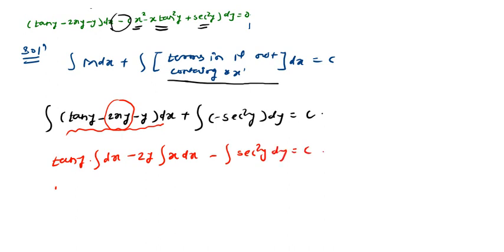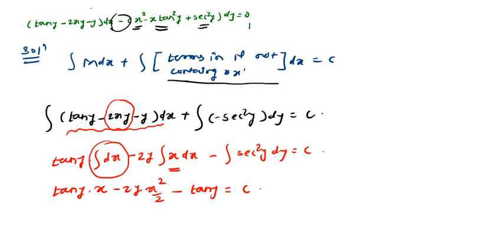Now finally we will get tan y times x, minus 2y times x square by 2, minus integration of sec square y with respect to y, which is tan y, equal to constant.